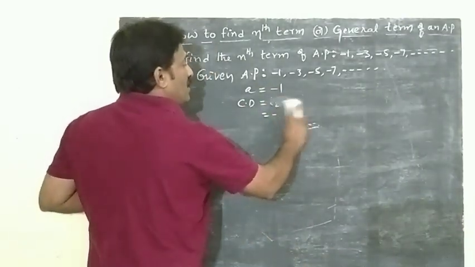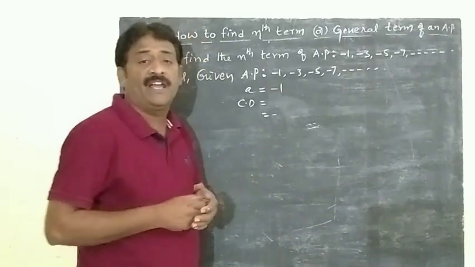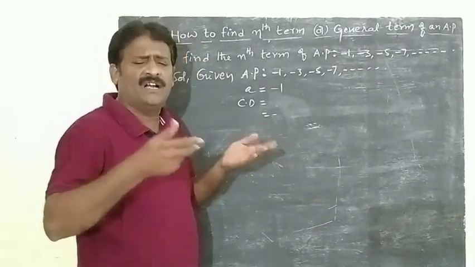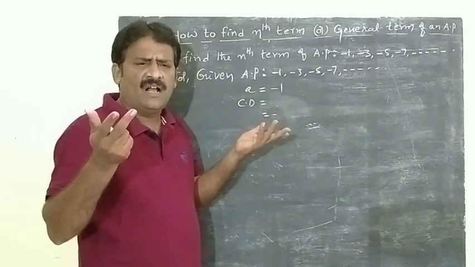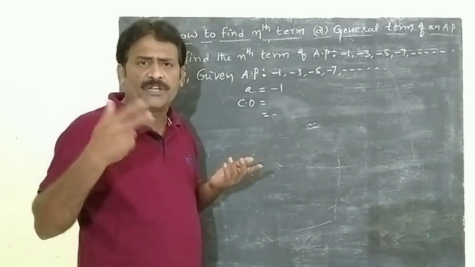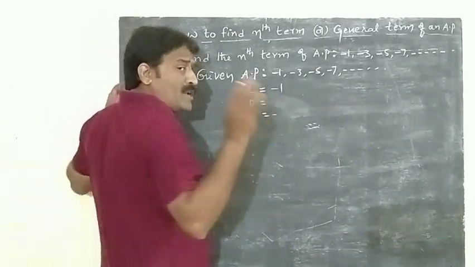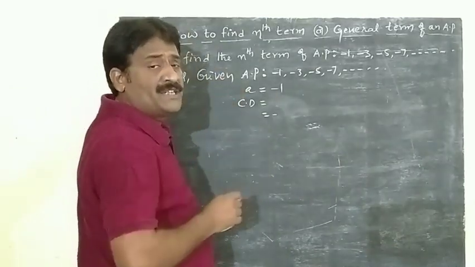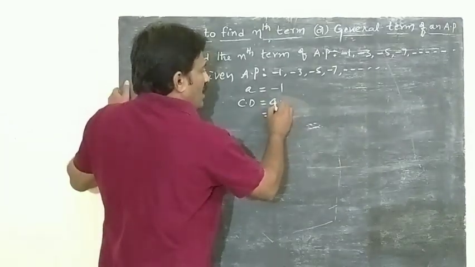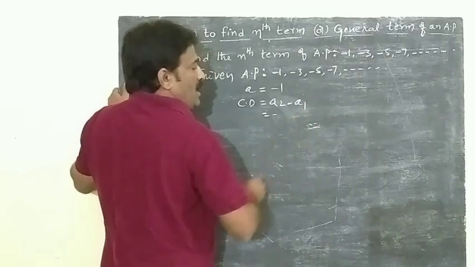In your textbook, terms are represented by A1, A2, A3 and so on, or you can take T1, T2, T3 and so on. In our textbook, terms are represented by A1, A2, A3. So I take A2 minus A1.